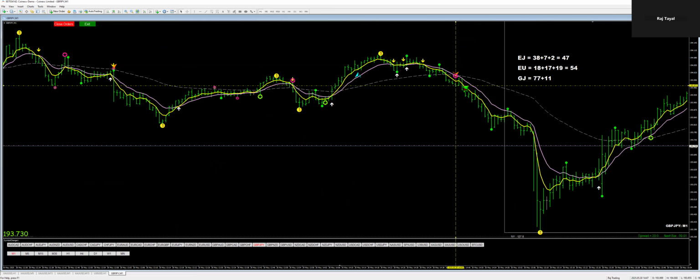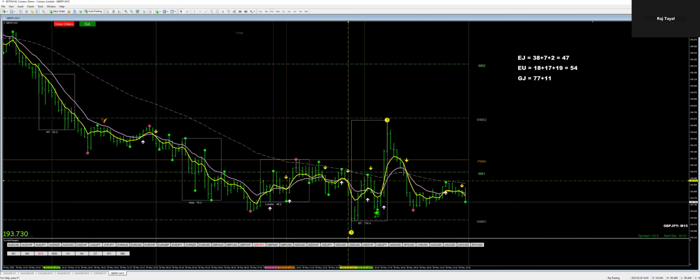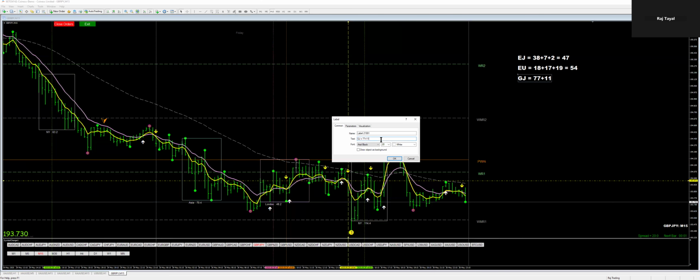Nothing there. So there's our entry. 15-minute trade. And this gave us 17 pips. And that's 2,805.